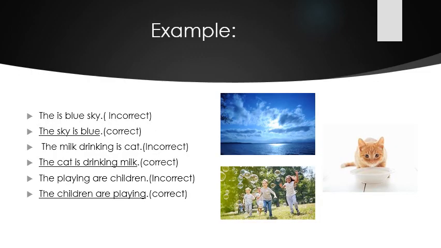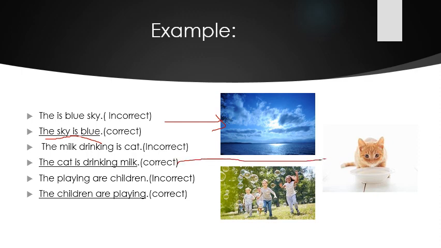Here are a few more examples. The is blue sky is absolutely wrong. The sky is blue is correct. You can see in the picture the sky is blue. The milk drinking is cat doesn't make any sense. The cat is drinking milk.